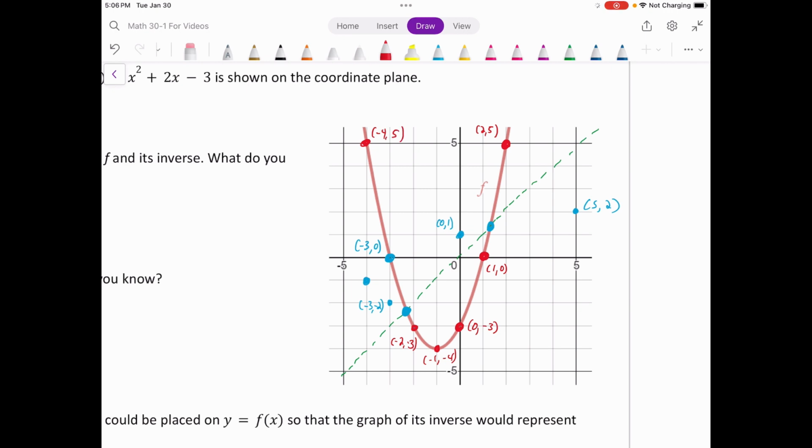Where's that going to end up? Well, at (5, -4), right there. Okay, and I think with that, we have a pretty good idea of what the shape of this graph is going to be. So I'm just going to do my best to smoothly connect them.